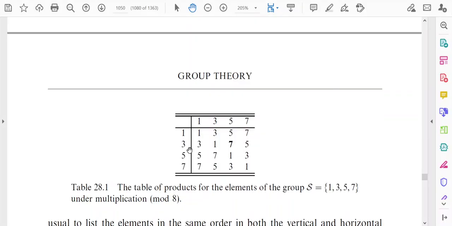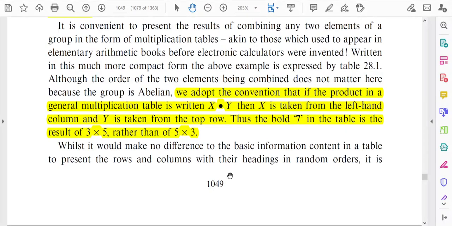For example, if you want to multiply 5 with the headers, then these are the results, and if you want to multiply 7 with the header elements, then these are the results, that is 7, 5, 3 and 1. So in this way we can find different multiplications between the elements for the group S equal to 1, 3, 5, 7, and the results of this multiplication can be represented in this tabular form, and this table is known as the multiplication table.